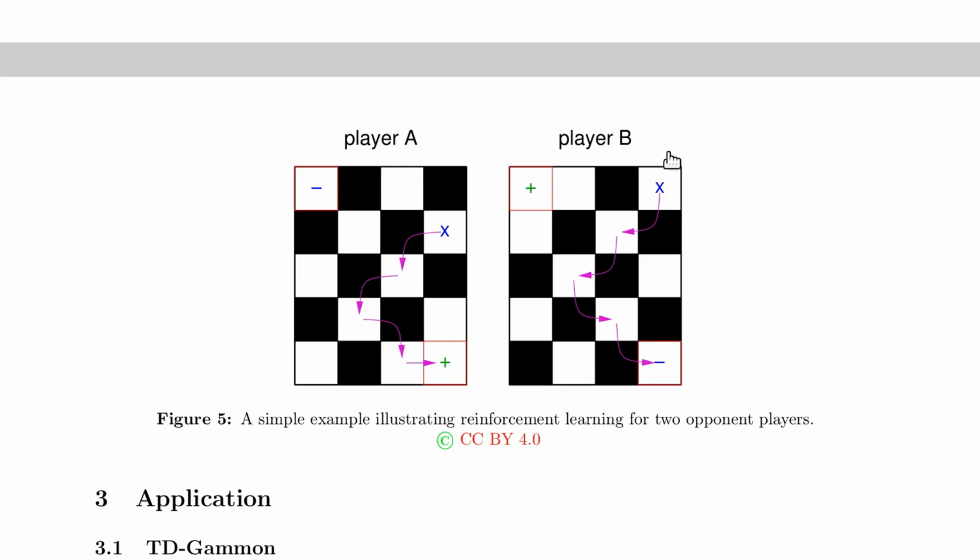So in this case, player B starts first, and the goal of player A is to reach this absorbing state, while the goal of player B is to reach this absorbing state.